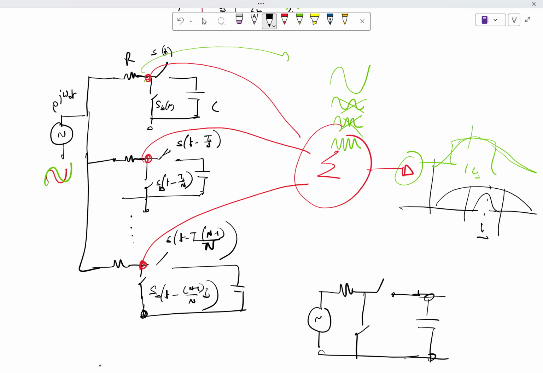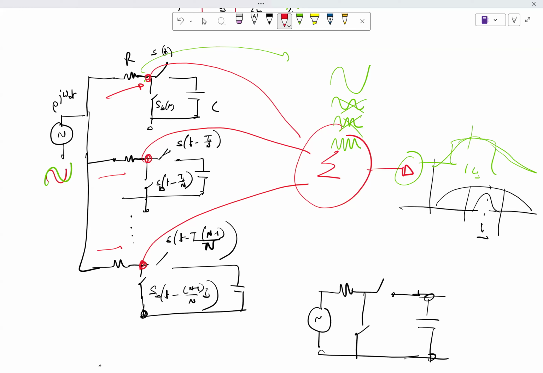Which essentially means that if the top kernel is on, the second kernel is off, and so on. There is no overlap between them. The current either goes through this, or this, or this. It does not go simultaneously through any two at a time. It goes one at a time.